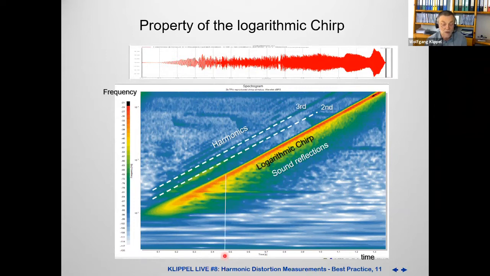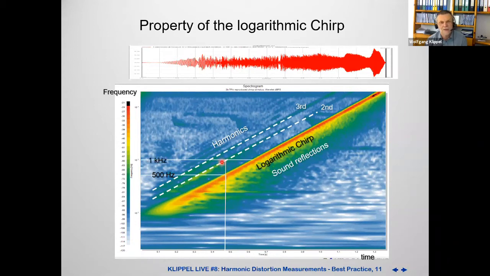Now let's assume at a certain time our generator produces a certain fundamental frequency, here actually 500 Hertz. Then the device, the transducer, the speaker, generates some harmonics. Let's take the second harmonic, which is at 1 kilohertz.